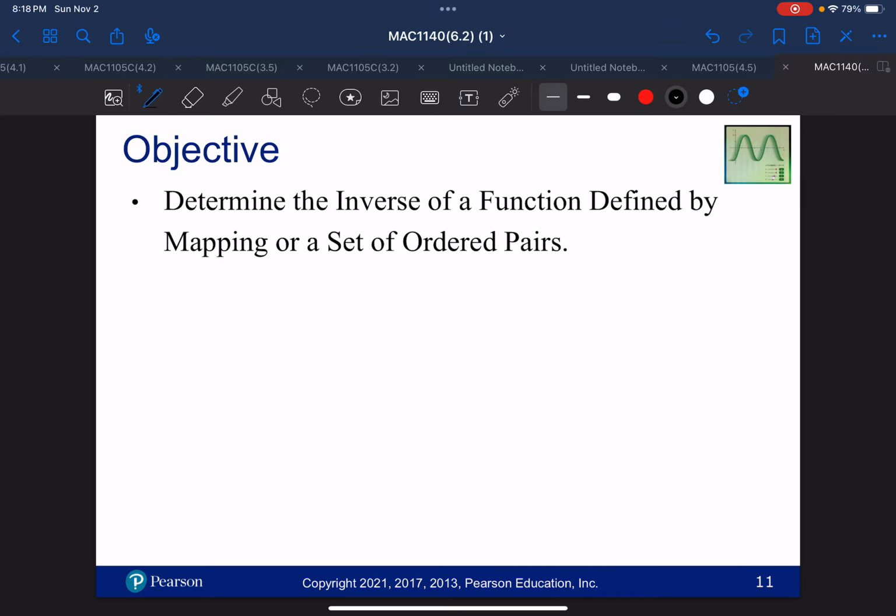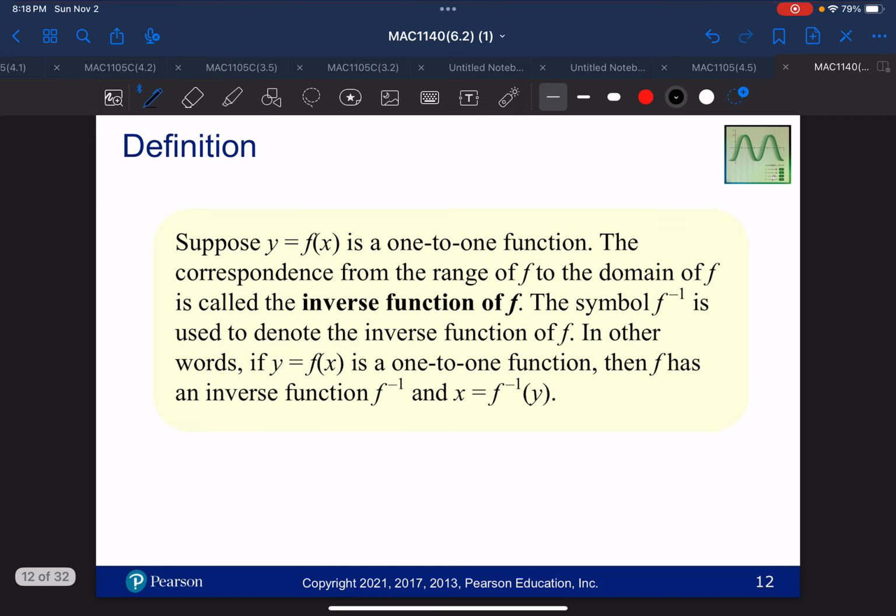Okay, so now we're going to talk about how to find the inverse of a function defined by a mapping or a set of ordered pairs. So suppose that y equals f of x is one-to-one. The correspondence from the range of f to the domain of f is called the inverse function of f.